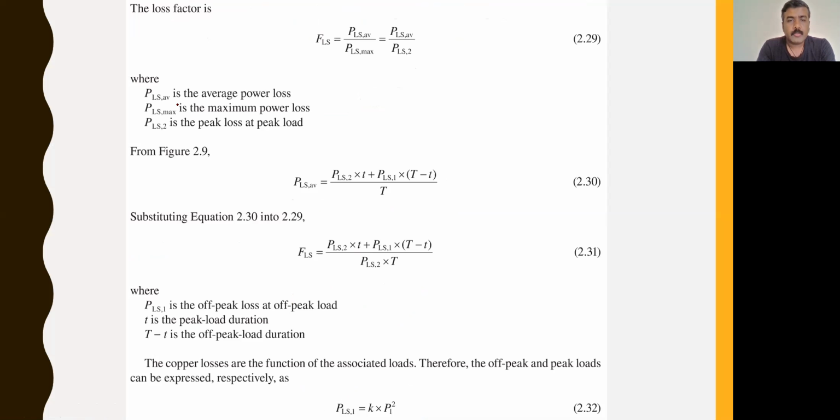From this, we can find the loss factor. As per the definition of loss factor, it is PLS average to PLS maximum, where PLS maximum is PLS2, the loss at peak load.